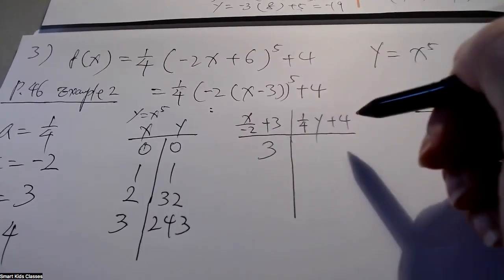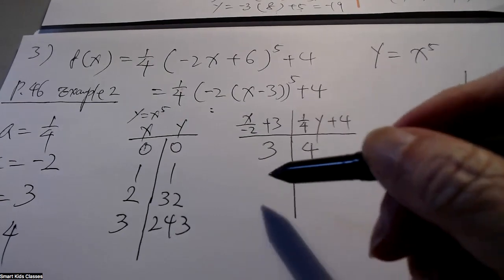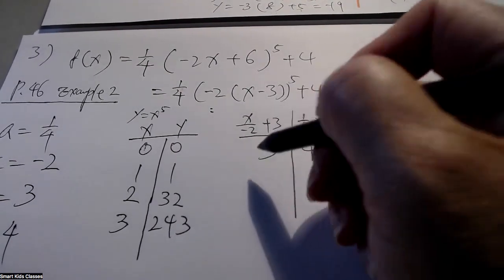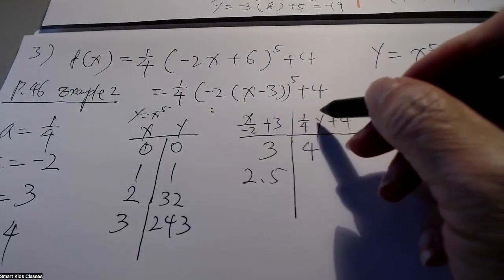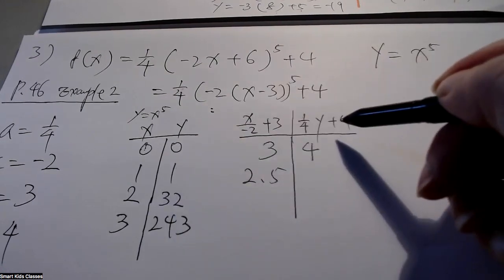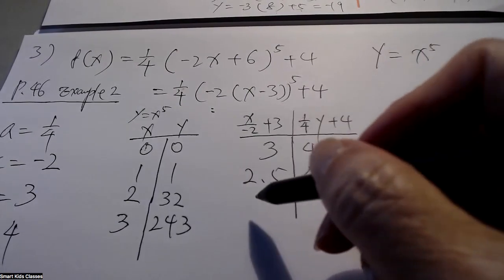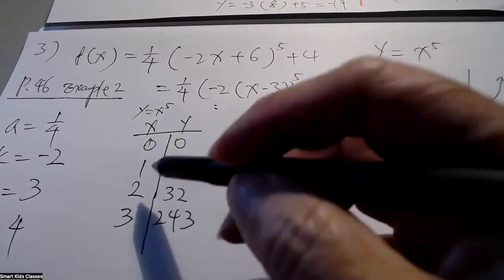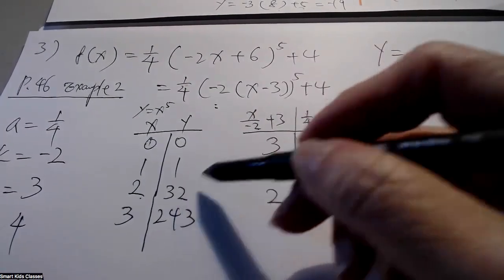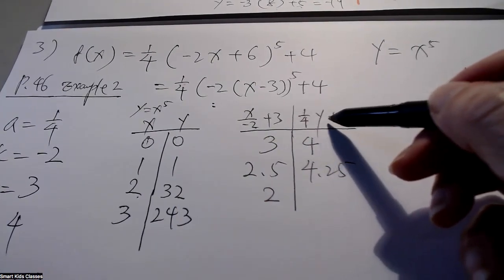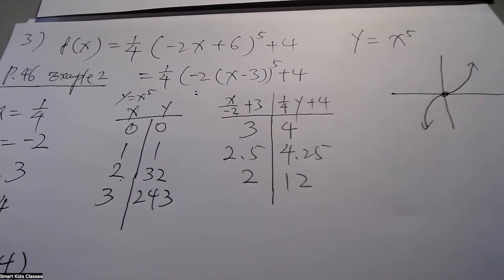So 3 and 4 is the vertex C. Then for 1, x becomes 0.5 plus 3, which is 2.5. For y, 1 over 4 times 1 plus 4 will be 4.25. For 2, x is negative 1, so 2. Then 32 divided by 4 is 8, and 8 plus 4 is 12. For 3, I don't think we need to do it because the number is too big.